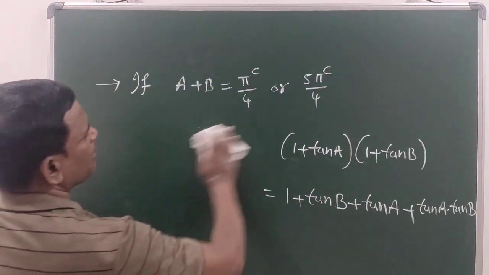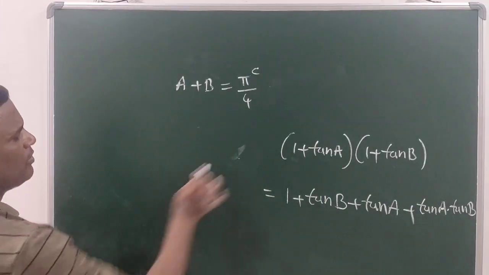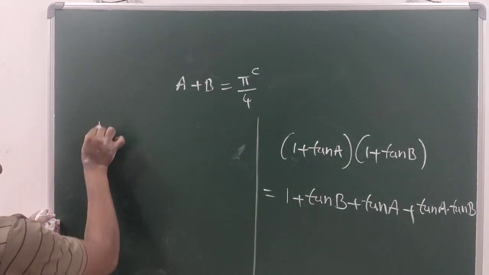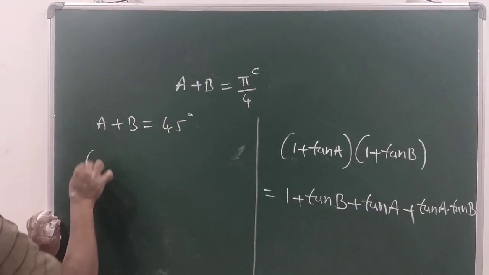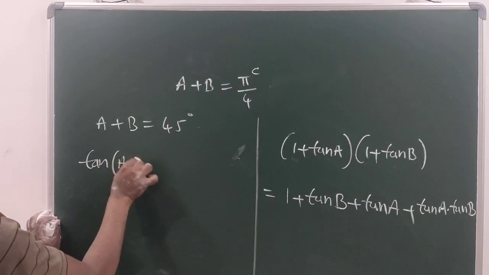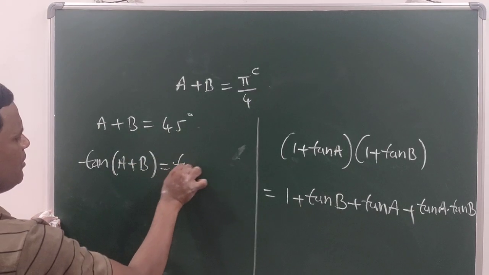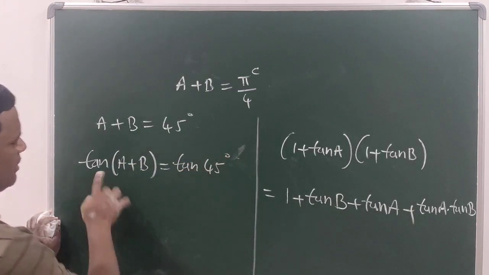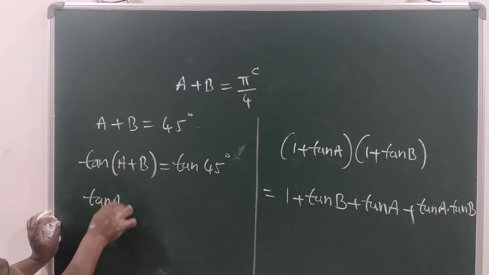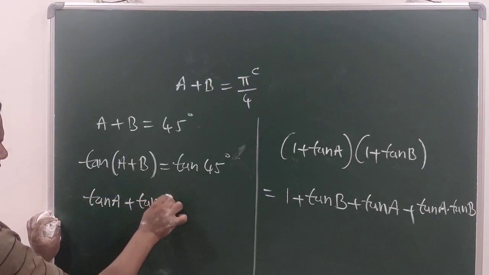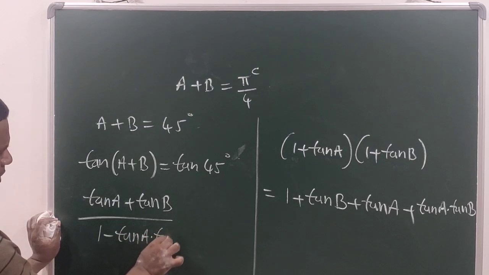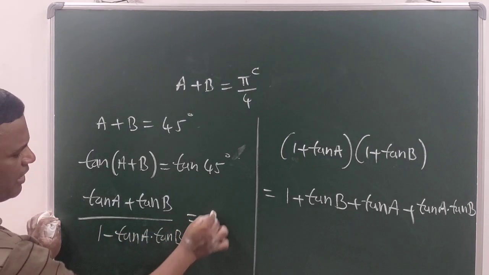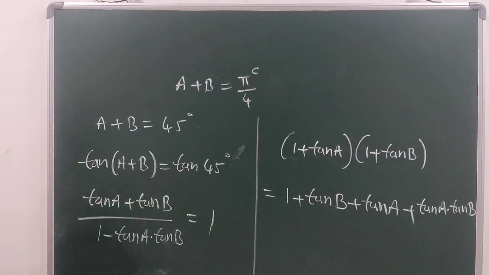Right. Now keep it aside. Now take A plus B equal to 45 degrees. Apply tan on both sides. Tan of A plus B is equal to tan 45 degrees. Tan of A plus B is tan A plus tan B by 1 minus tan A into tan B, which is equal to tan 45 value, 1. Now take cross multiplication.